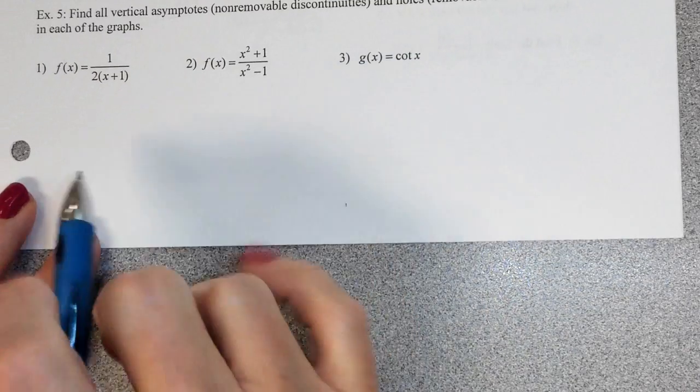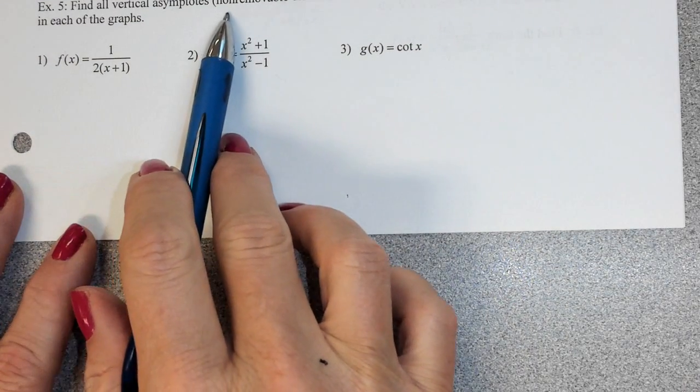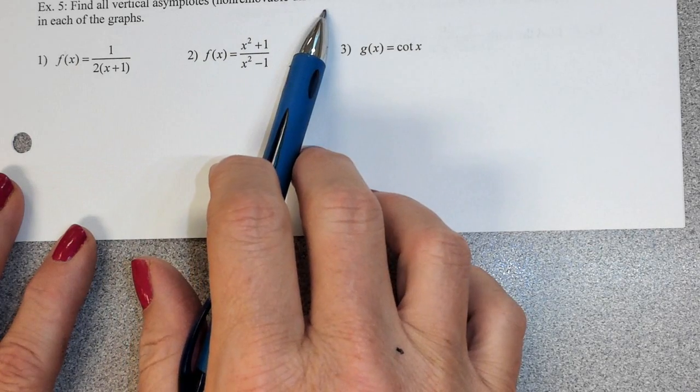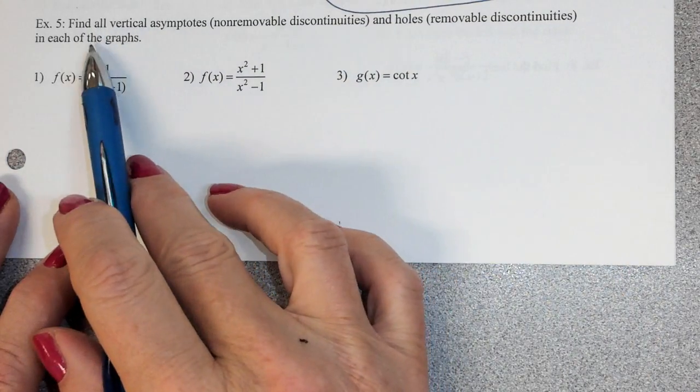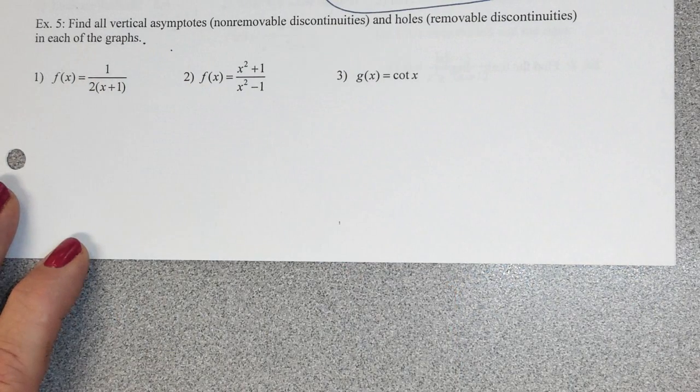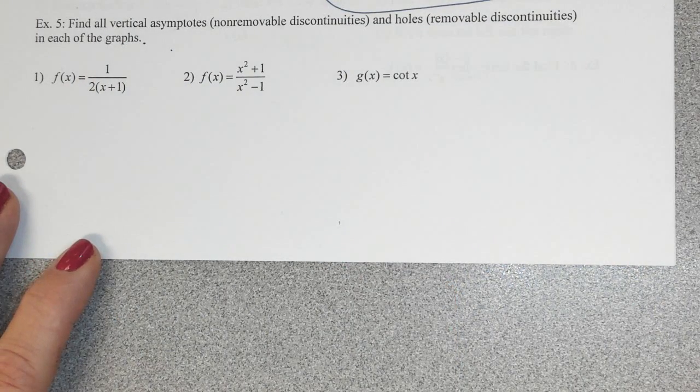All right. So on these, find all vertical asymptotes, which are non-removable discontinuities, and holes, which are removable discontinuities, for each of the graphs. I want you to think about number 1. Get your answer ready. Mindell, what do you think?